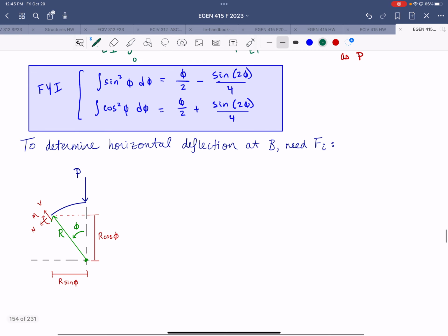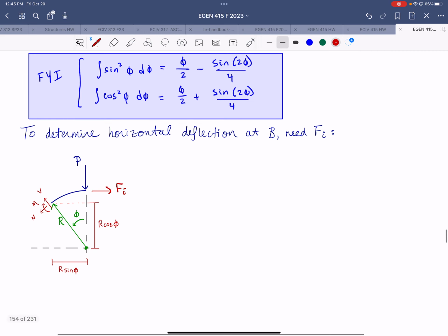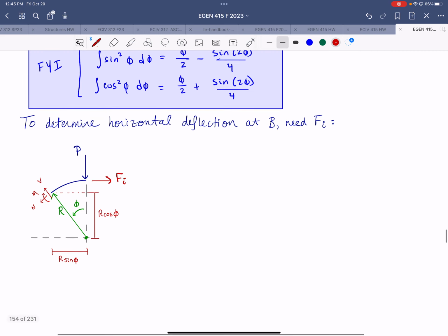All right, so to find the horizontal deflection at B, now we do need to apply a fake force, Fi, because we don't have anything in the horizontal direction. So we'll add Fi in the horizontal direction. And then we still have those exposed internal forces at the cut. Here's the moment arm for the vertical load.